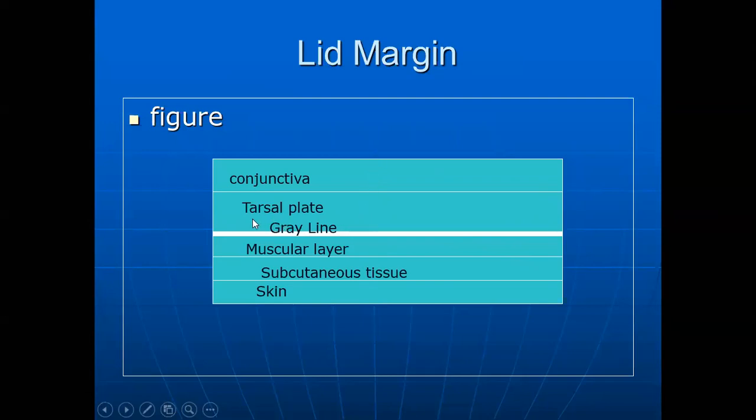This is the demarcating line, the gray line. The anterior lamella consists of the cutaneous layer, the subcutaneous layer and the muscular layer, while the posterior lamella consists of the tarsal plate layer and the conjunctival layer. Okay.